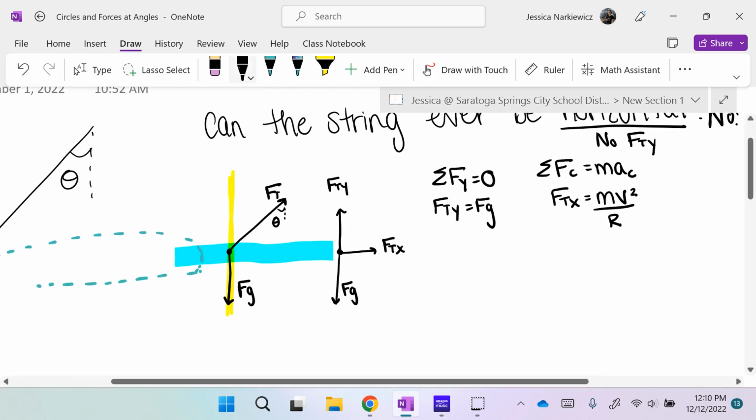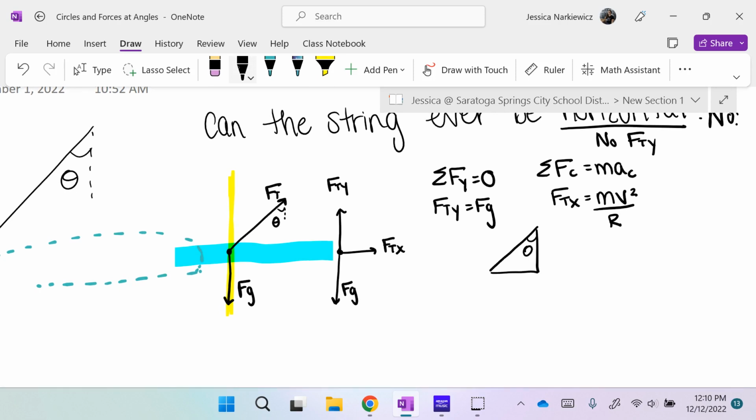Now let's chat quick about how to find those components. I have the angle with vertical, and the overall tension is my hypotenuse, which means that the x component is the side opposite of the angle, and the y component is the side adjacent. So the x component should use sine, and the y component should use cosine.